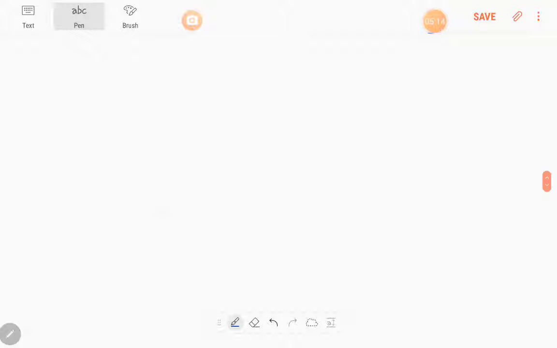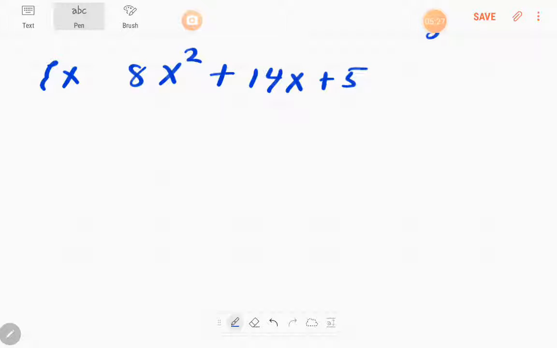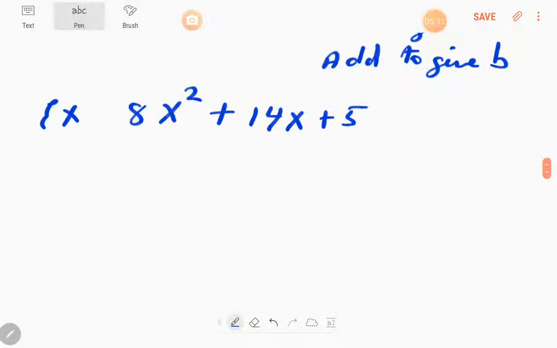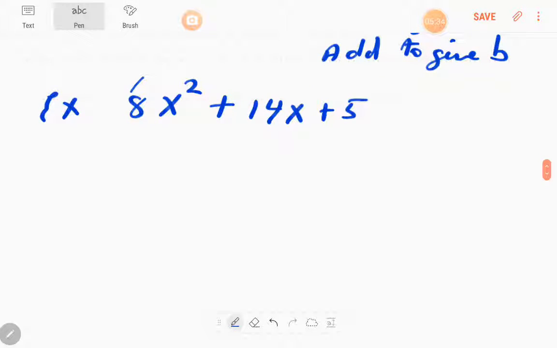So let's say, for example, we have 8x squared plus 14x plus 5. We're going to take a and multiply times c. So in other words, we're going to multiply 8 times 5.